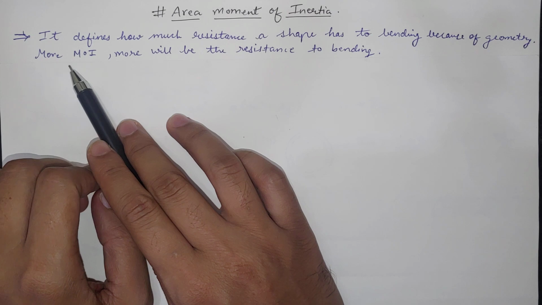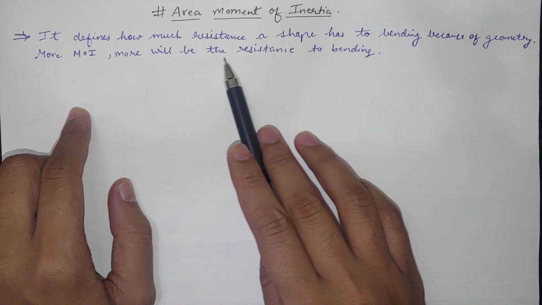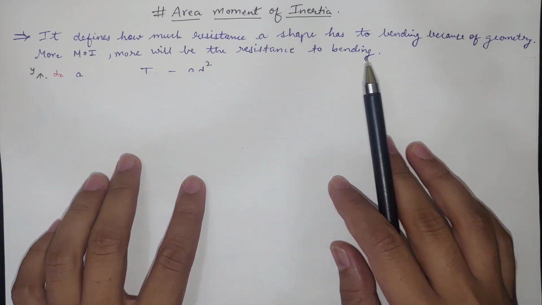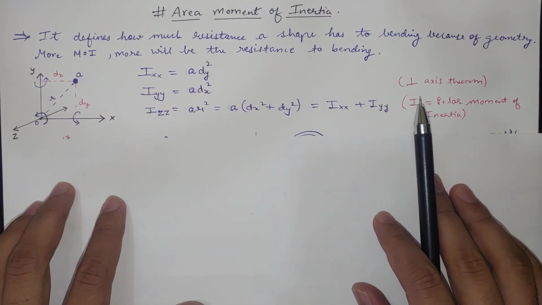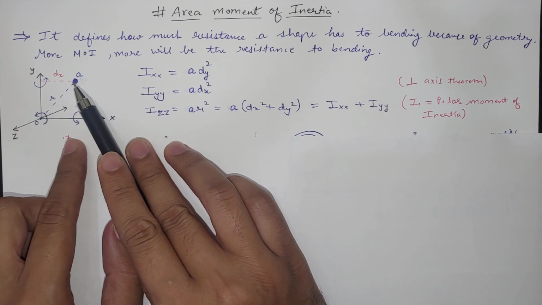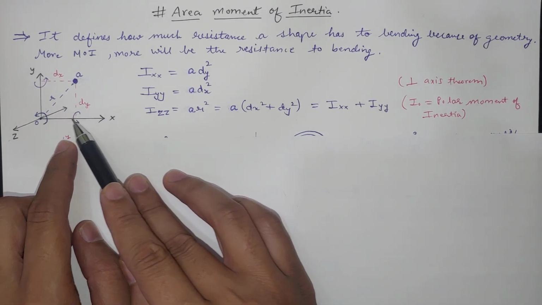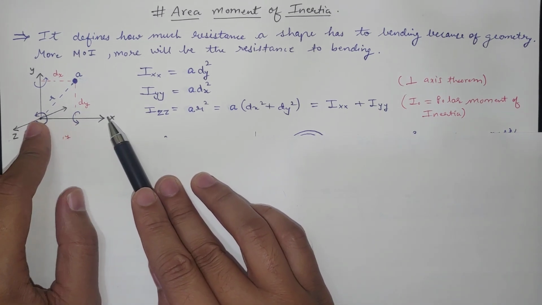Now as we have discussed, the more the moment of inertia, the more the resistance to bending. So here, let's say there is a particular area which is very small, and we are trying to bend it with respect to the x-axis, meaning we are trying to rotate it about the x-axis.